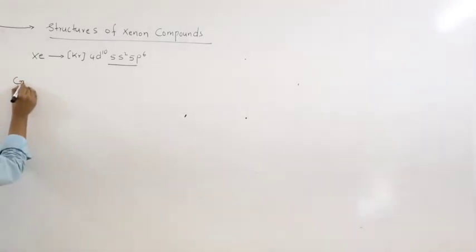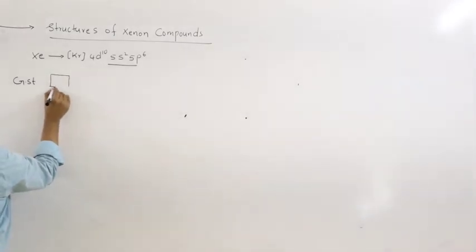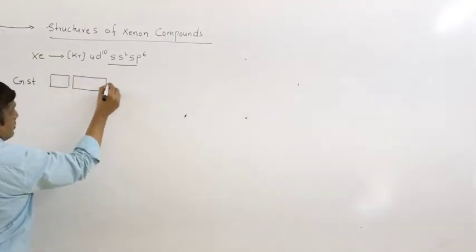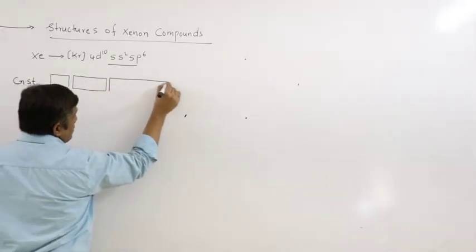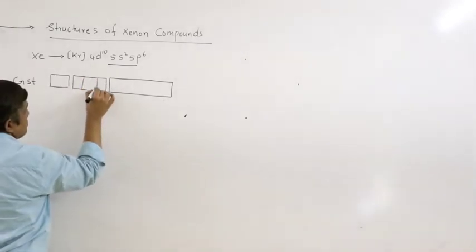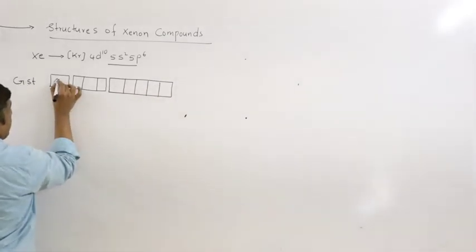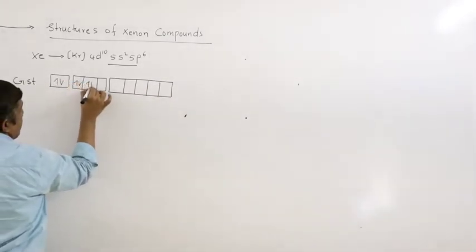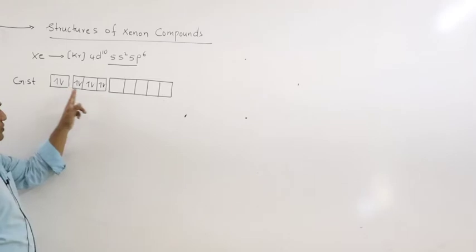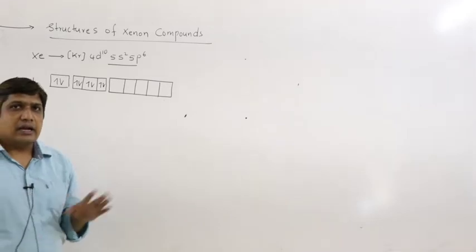So if I write the ground state electronic configuration, there are no unpaired electrons: 5s2, 5p6, 5d0. So in the ground state of xenon there are no unpaired electrons.